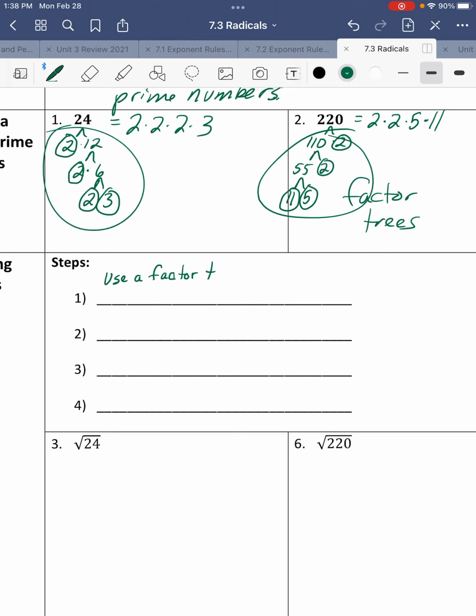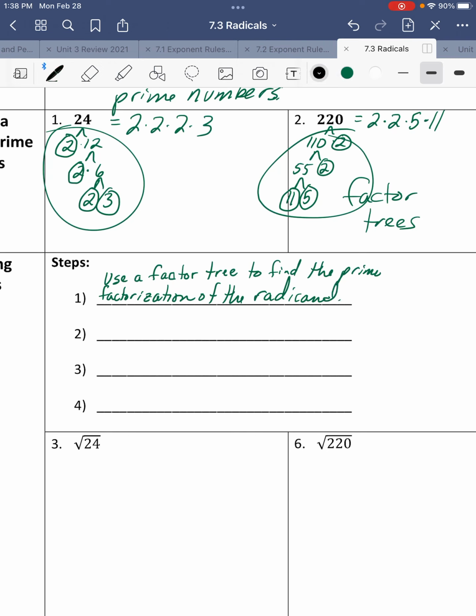Use a factor tree to find the prime factorization, the prime numbers, of the number under the radical, of the radicand, which is the number under the radical.